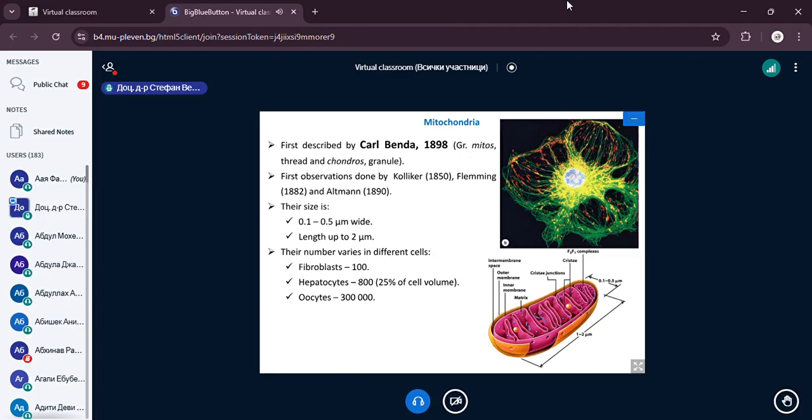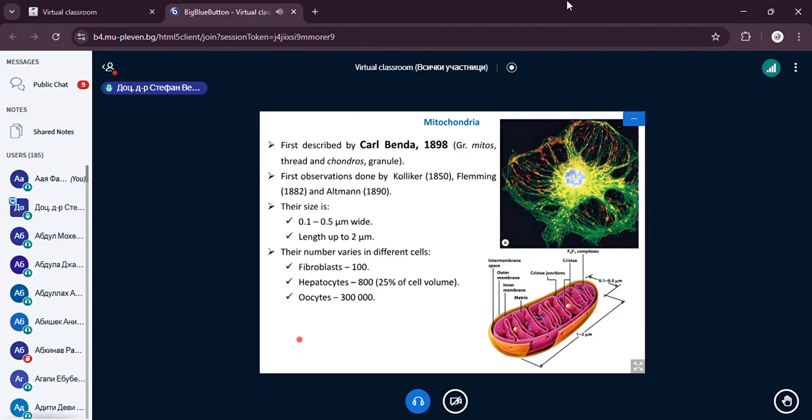And Carl Benda was one of the first scientists to observe mitochondria in 1898. And we mentioned first Carl Benda because he was the one to name these organelles and to call them mitochondria. He combined two Greek words, mythos, which means a thread, and chondros, which means a granule. Why?